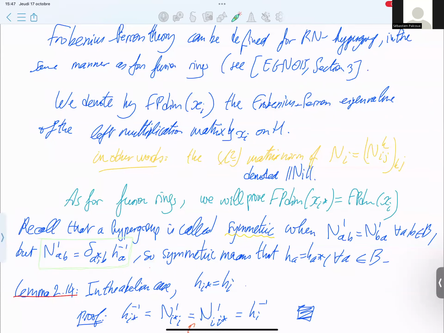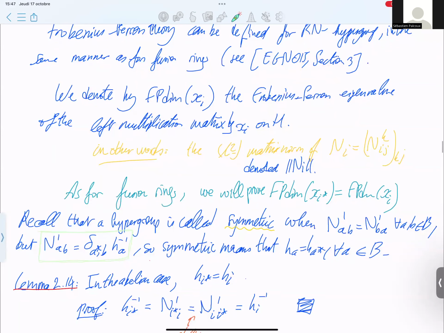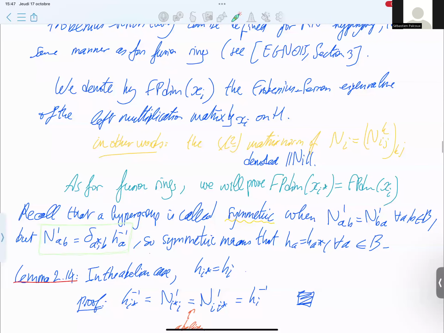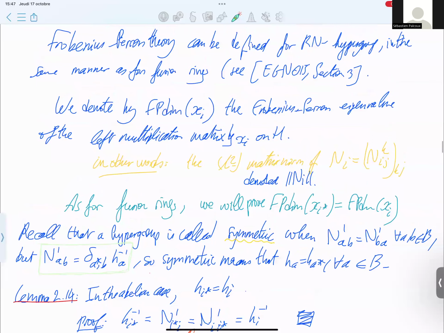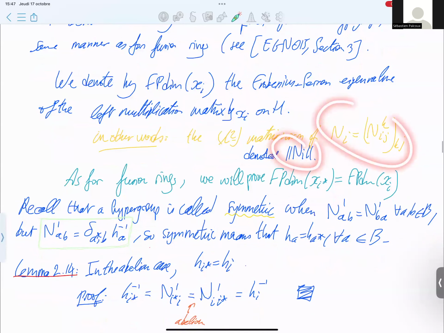But you need the Frobenius-Perron theorem to get this linear character, which is positive. Okay, so this is the eigenvalue of the fusion matrix, multiplication by that. So this is the L2 matrix norm of this fusion matrix, exactly as for a fusion ring.